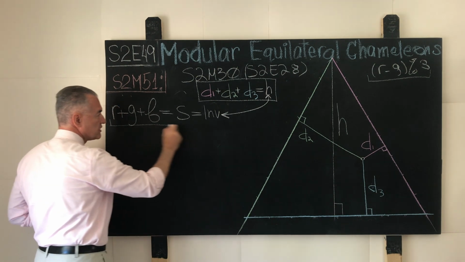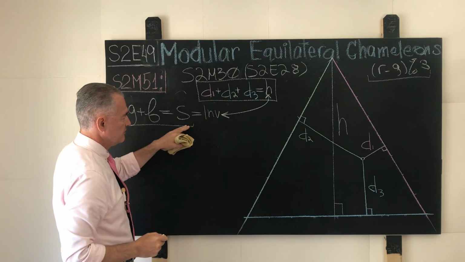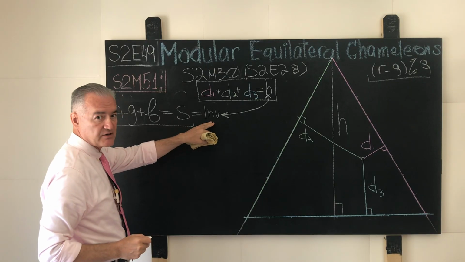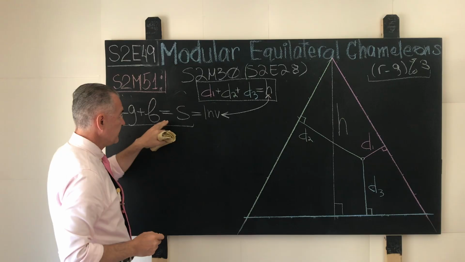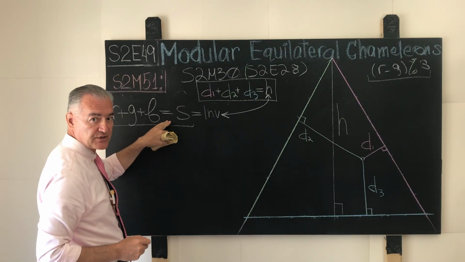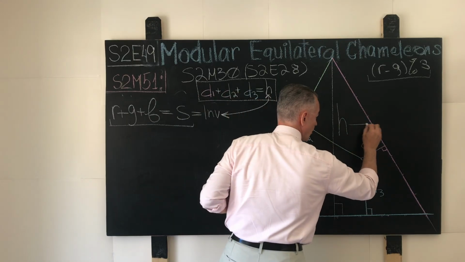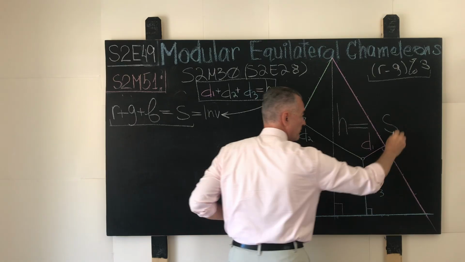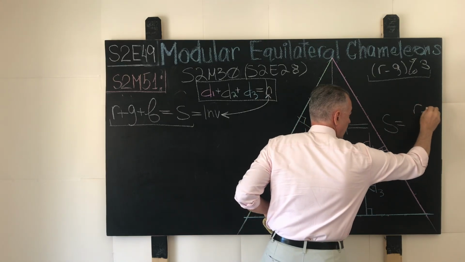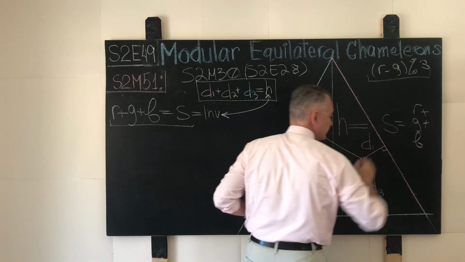So now we understand that the algebraic invariant that is equivalent to our geometric invariant is the size of the population of the chameleons that lives on this tree. In other words, we say that the height over here is equivalent to the sum r plus g plus b. That is the observation.